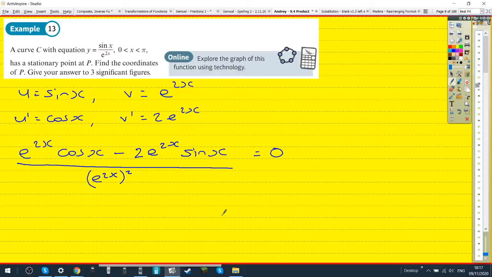If you have a fraction and it's equal to 0, there's something you know right away about it. Does that mean the denominator can get cancelled out? Yeah, you can't divide by 0. So 0 divided by anything gives you 0. So right away we know that the top part has to be equal to 0.